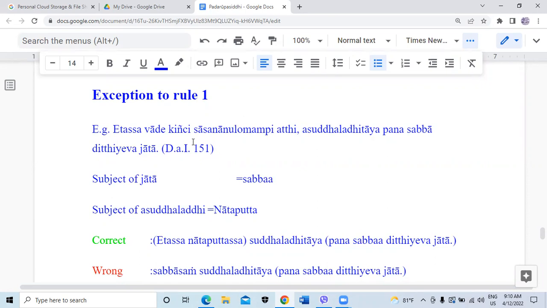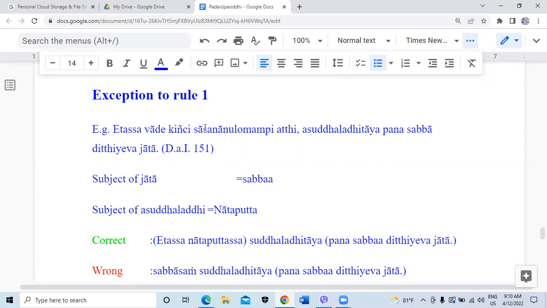It is a wadi. The idea and the teaching of this Niganananda Buddha: Kenji Sasana Nulo Nambi Ati. Kenji, there is something that is in agreement with the teachings of the Buddha.